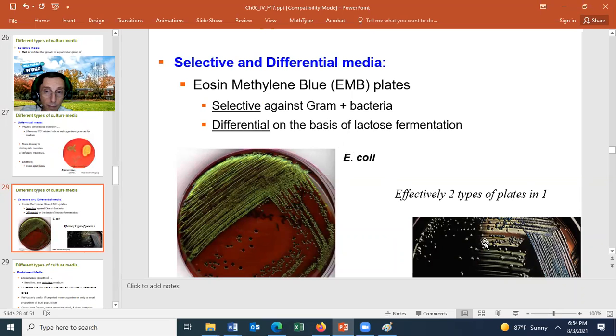If it can grow on the plate but does not ferment lactose, then it will not be dark or metallic. As you can see, these colonies look white, because this organism cannot ferment lactose. This organism can, so it's dark and metallic looking. They're both gram-negatives because they're growing on the EMB plate. Any question about selective and differential media?